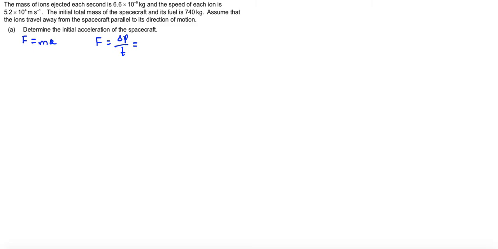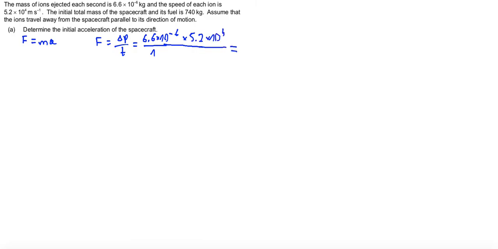Delta P: we have the speed and the mass of ejected ions in 1 second. In 1 second we have 6.6 times 10 to the power of minus 6 kilograms of ions ejected with a speed of 5.2 times 10 to the power of 4.